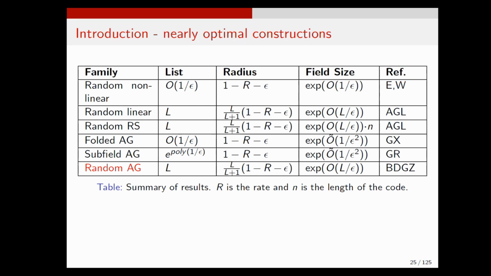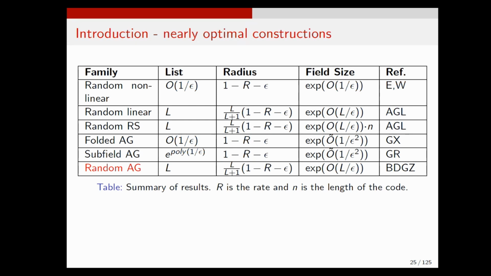So if you actually wanted to deploy these list decodable codes, these two are maybe your only options right now. Maybe the only disadvantage is they don't achieve the best possible list size parameters, at least the subfield AG code.